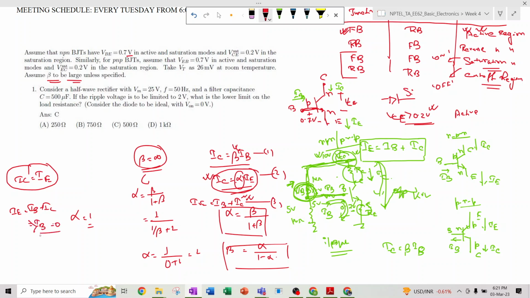That means there is no current flowing through the base terminal. So I just derived this. Moving forward, if there is a mention that beta should always be large unless specified, then you should always consider that it refers to IB equal to 0, and the emitter current should always be equal to the collector current.